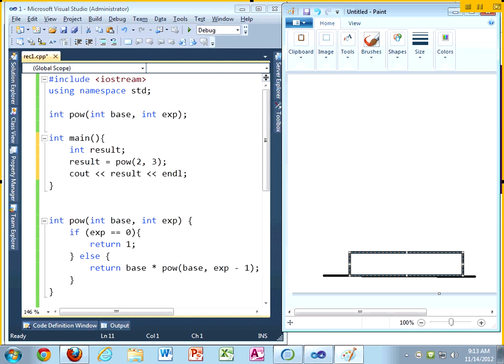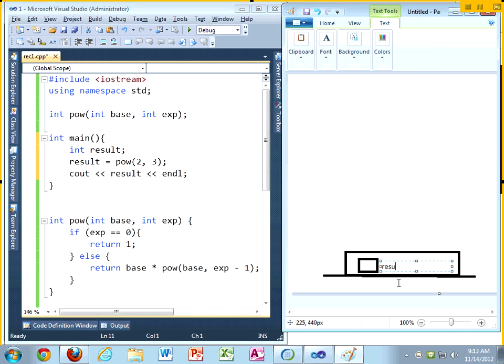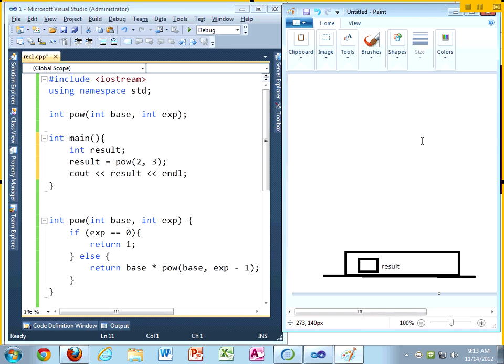What goes in here is going to be my local variables. That's one local variable named result. And then the other thing that I'm going to put in here, because I'm calling a value returning function, is a space for the return value of that value returning function.